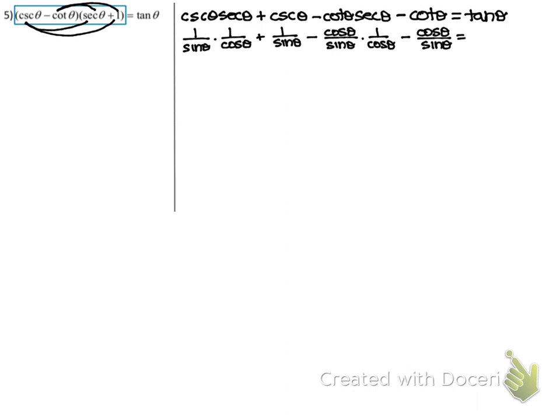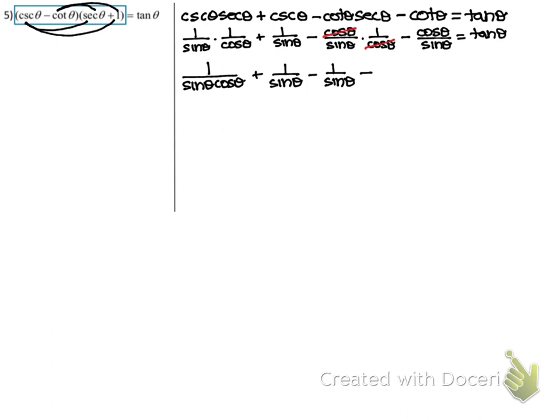I know it looks like a bigger mess, but with sines and cosines, I think we have a better shot of simplifying this thing. And actually, I can simplify some stuff here. This cosine and that cosine are going to cancel. So from here, may as well just pull this guy together. This is 1 over sine theta cosine theta plus 1 over sine theta minus 1 over sine theta. That's good. Those are going to cancel.